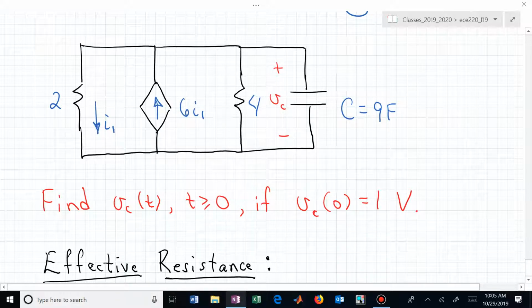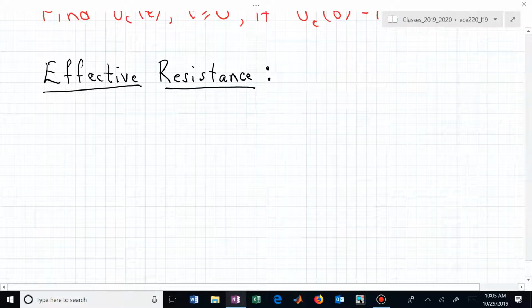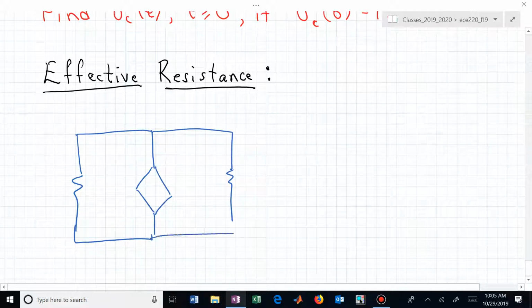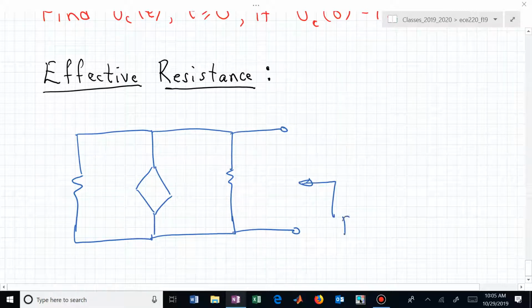What do I see? So let's just redraw that circuit. We want to know, what does that circuit from terminals A and B look like?